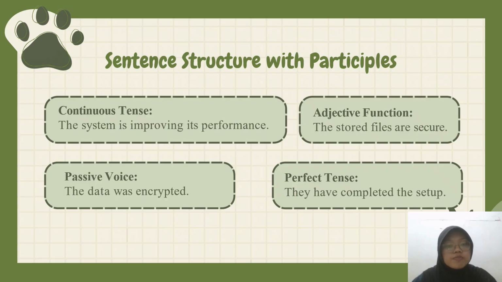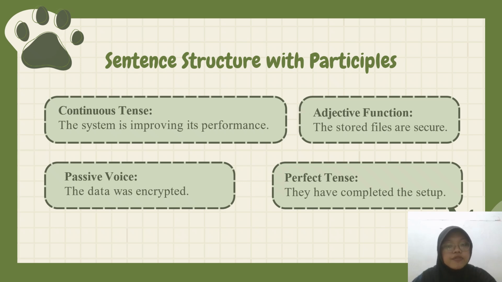We have passive voice too. The data was encrypted. "Encrypted" is a past participle combined with the linking verb "was." It forms the passive voice. This means the data was encrypted. The emphasis is on the data receiving the action.